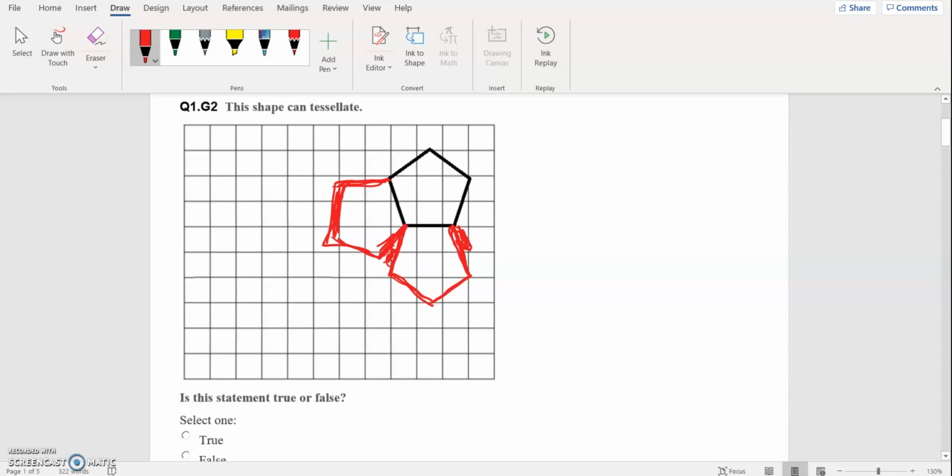Shapes that tessellate are rectangles, would have squares as well.